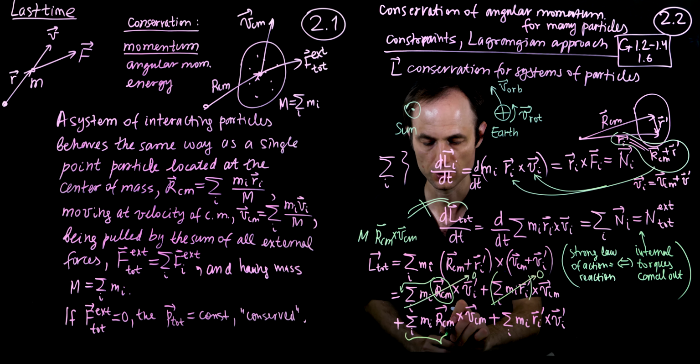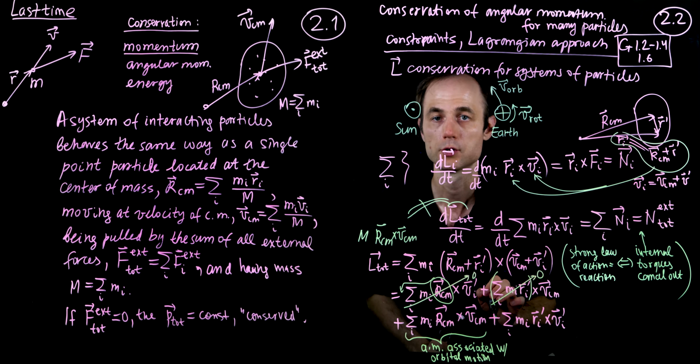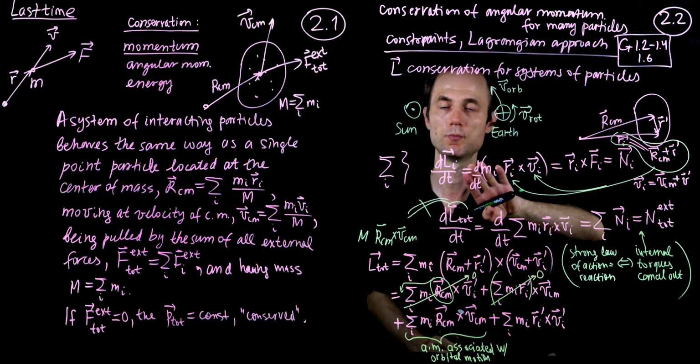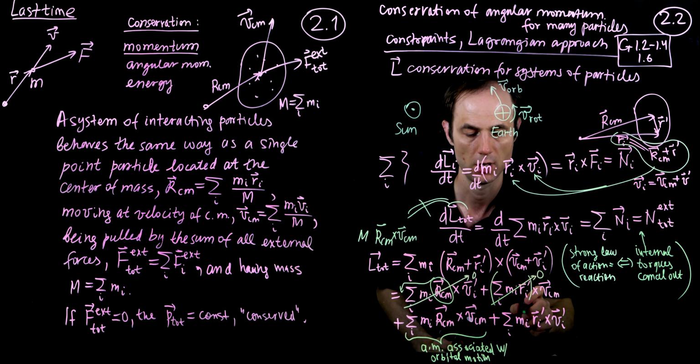The meaning of this term is very clear. That's angular momentum associated with orbital motion. So this is associated with the motion of the Earth as a point particle around the Sun.